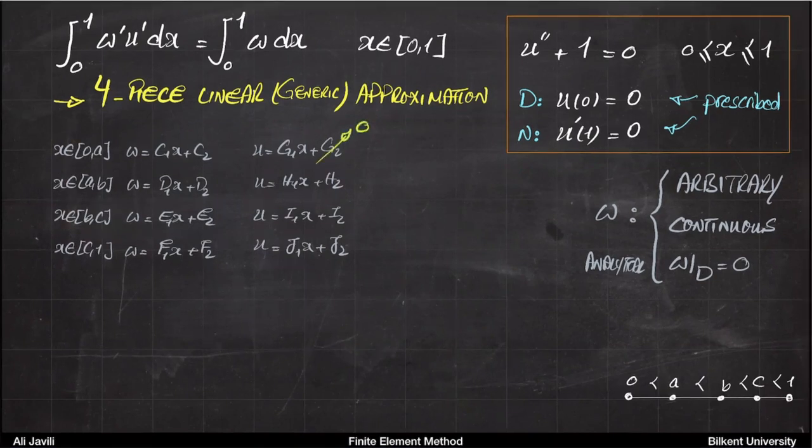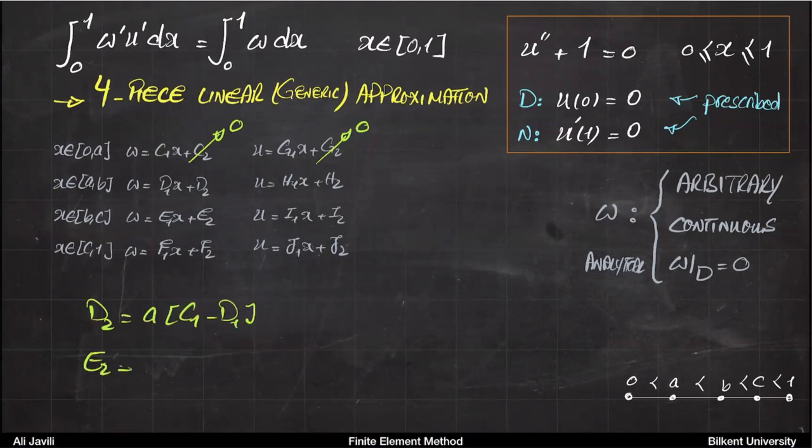So G2 is 0, C2 is 0, that we get from the Dirichlet boundary condition at 0. But then for W, you also introduce this piecewise continuity between each piece. So you get D2 equals A times C1 minus D1.